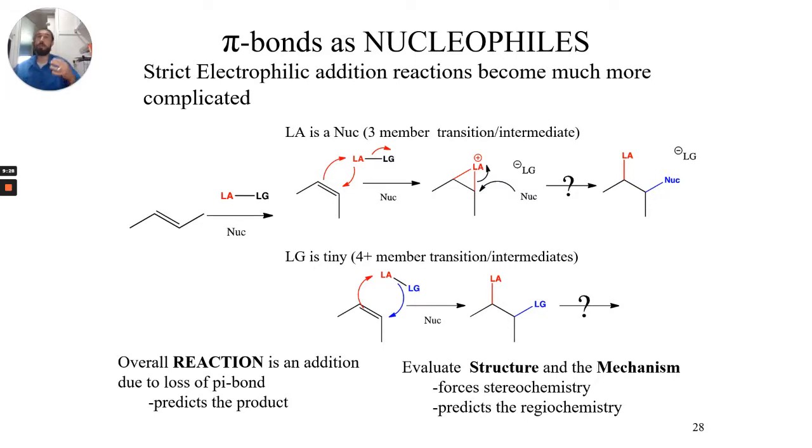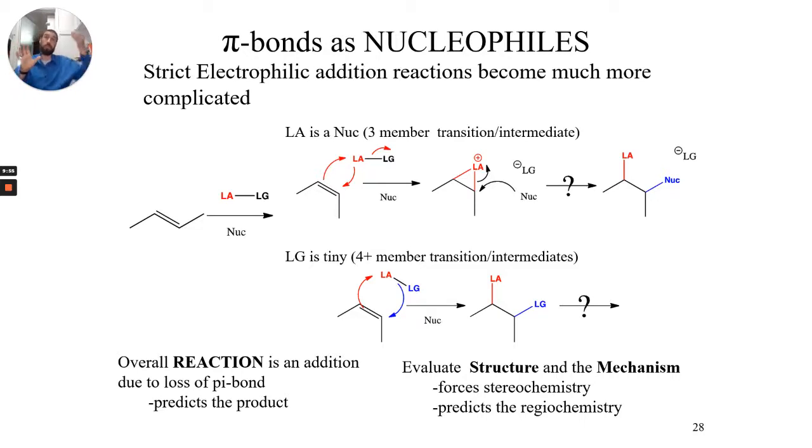Both of these mechanisms have different results that come out of them as far as the alignment of the Lewis acid, our electrophile, and our leaving group. So what we need to be thinking about when we run these reactions is actually putting atoms in and then deciding, right, what is the structure? What are structural considerations that are going to force stereochemistry? What about the mechanism? In the four-membered ring, they're coming in at the same time.